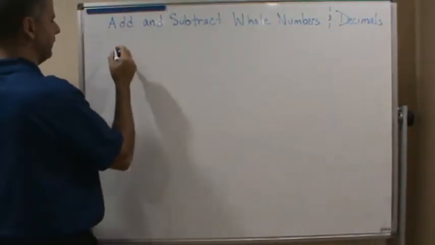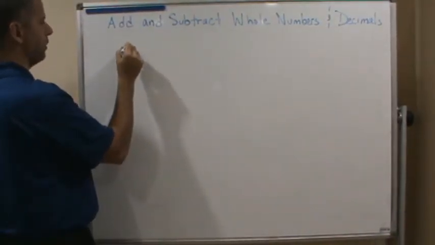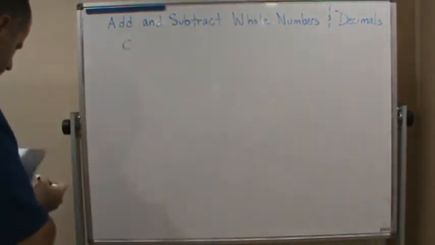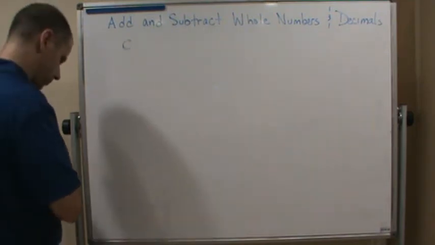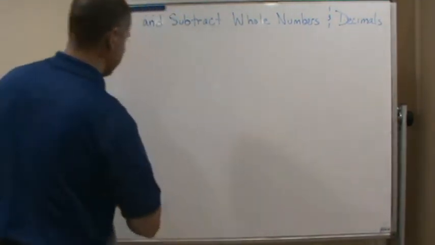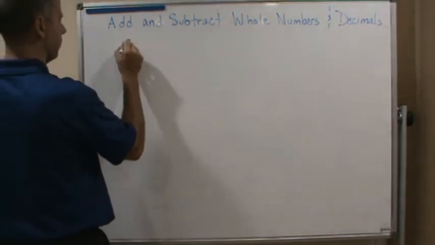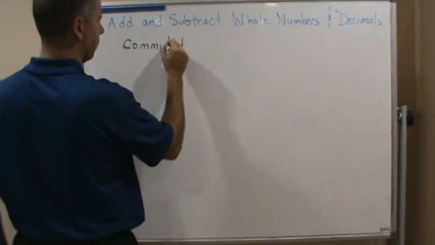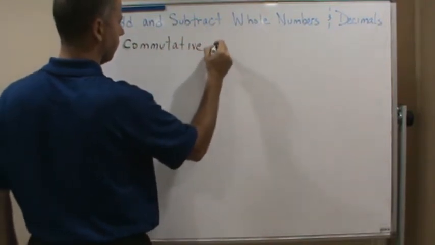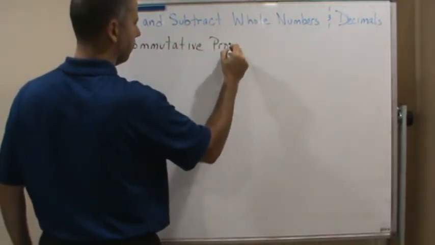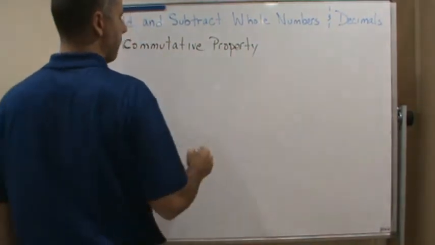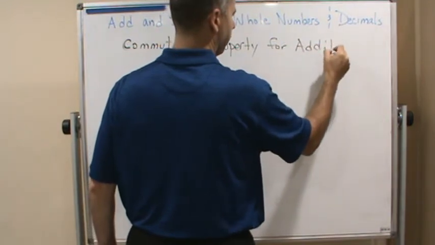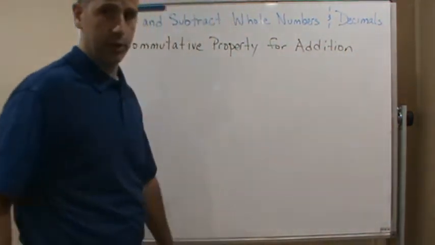One property that you may be familiar with is called the commutative property for addition.